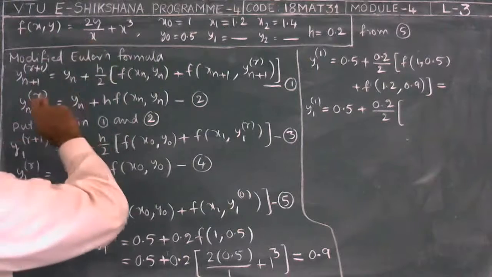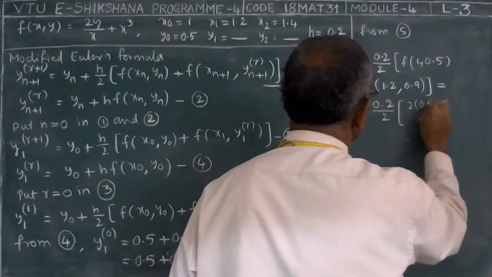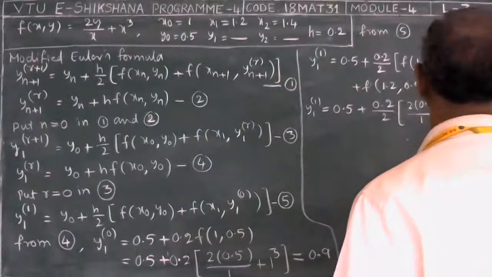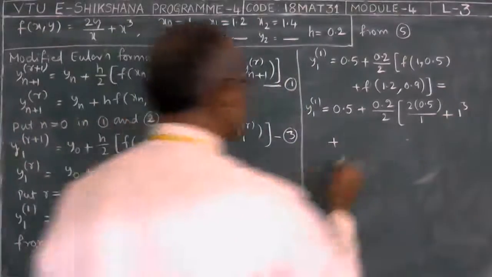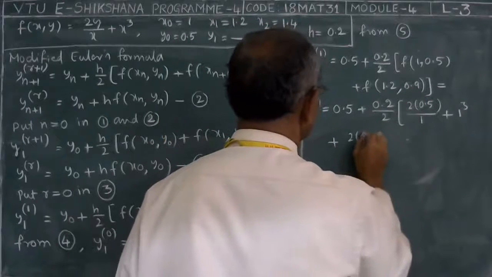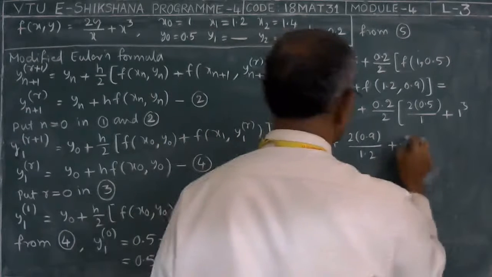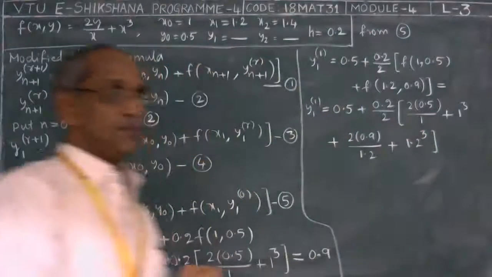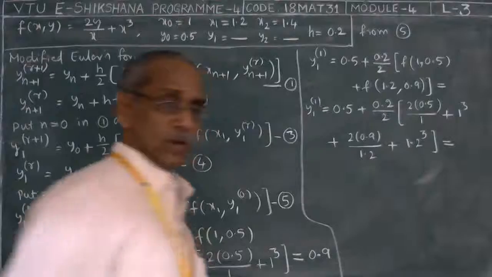Applying this definition, this is 2 into 0.5 divided by 1 plus 1 cube, plus the second term: 2 into 0.9 divided by 1.2 plus 1.2 whole cube.